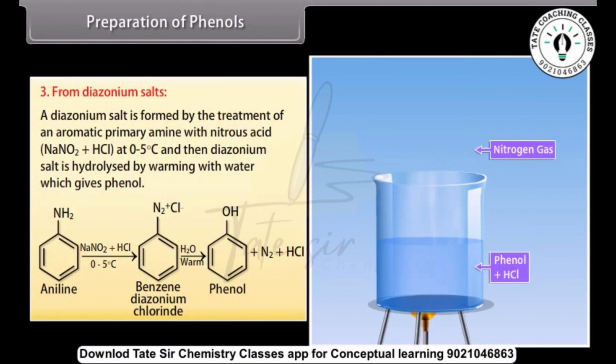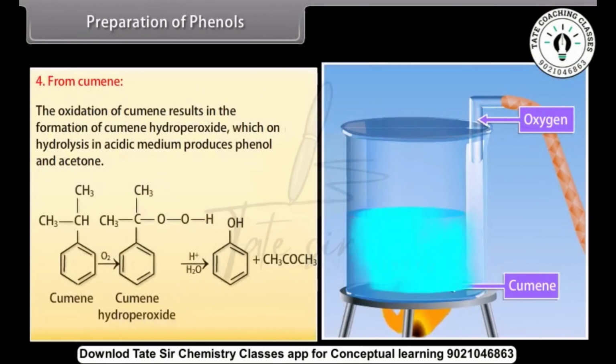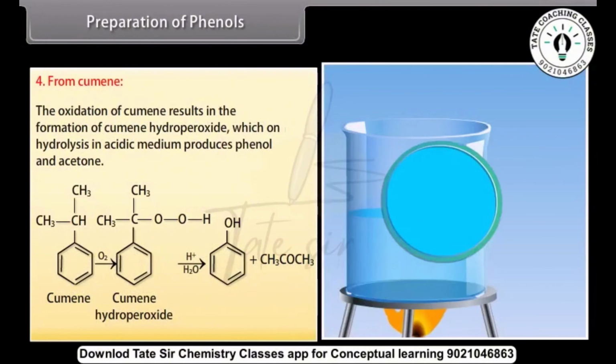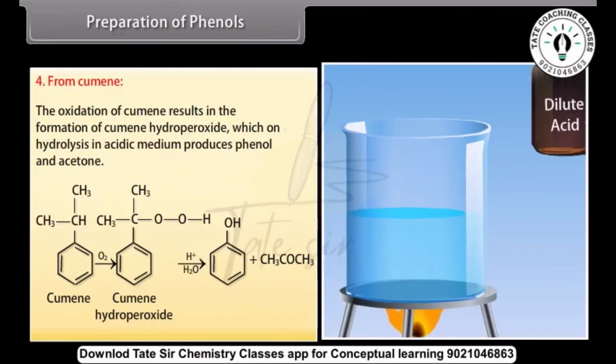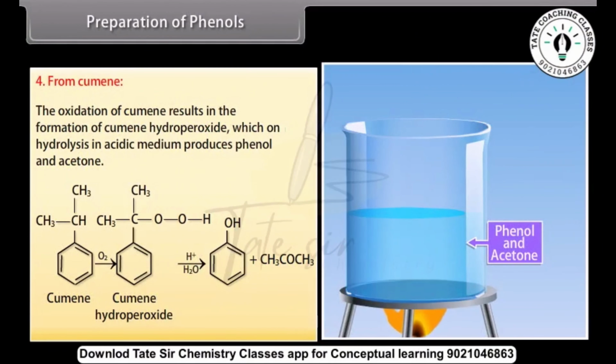It results in the formation of benzene diazonium chloride, and then by adding warm water it forms phenol, nitrogen and hydrochloric acid. From cumene. The oxidation of cumene results in the formation of cumene hydroperoxide, which on hydrolysis in acidic medium produces phenol and acetone.